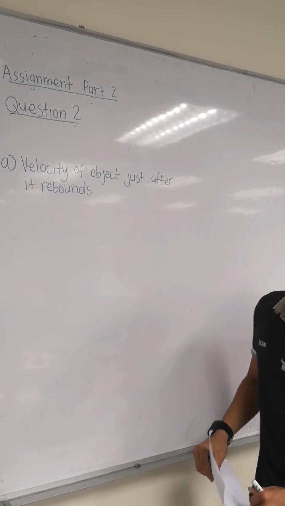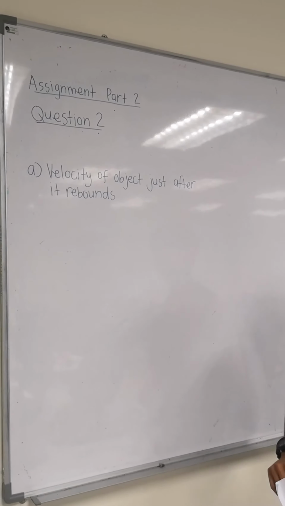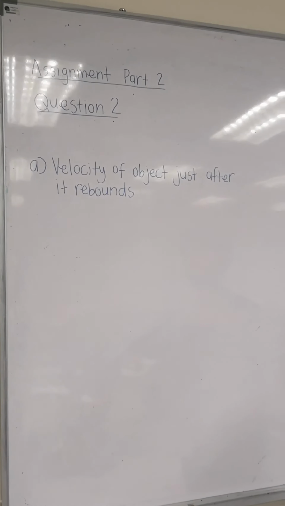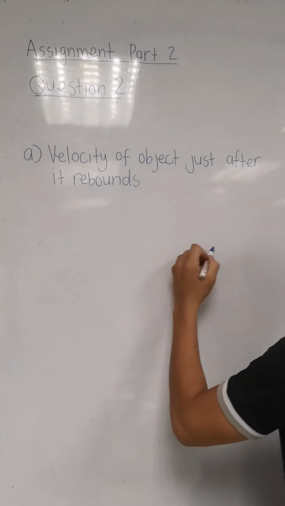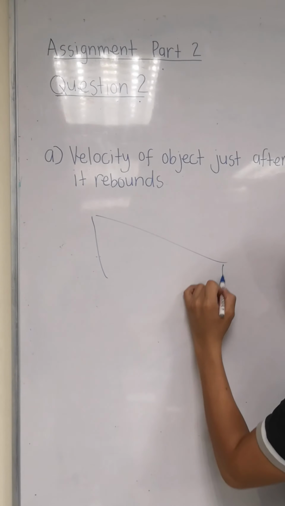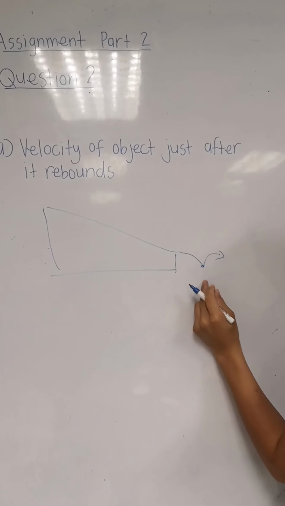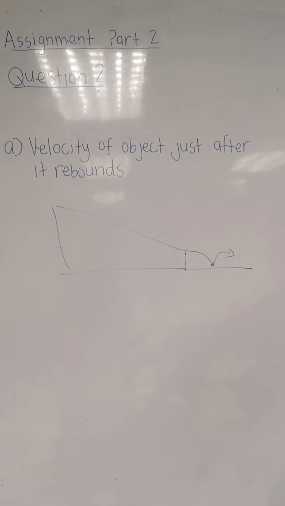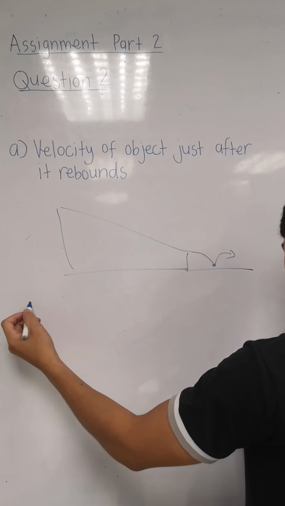Hello, it's me again. We are going to do assignment part 2, question 2. Now we proceed to the first question, velocity of the object just after it rebounds. We want to find the velocity of the object after it rebounds. Firstly, we do it using formula.